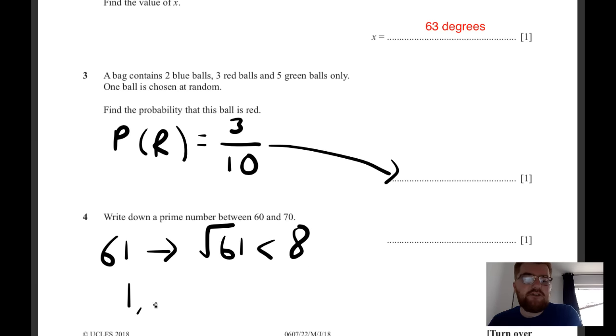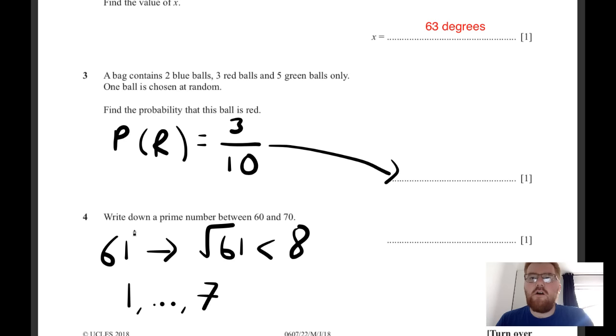So as long as we just check between 1 and 7, then we'll know we've covered every number that could go into 61. So 2 doesn't work because it's not even. Now 3 doesn't work because 6 plus 1 is 7 and 3 doesn't go into 7. 4 doesn't work because 2 doesn't work. 5 doesn't work because there's no 0 or 5 at the end of this number.